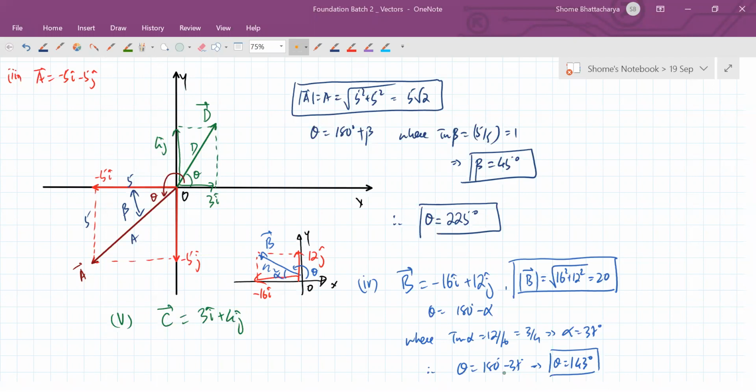So this vector D now has a magnitude of 5. You can see the tan theta here is 4 by 3.